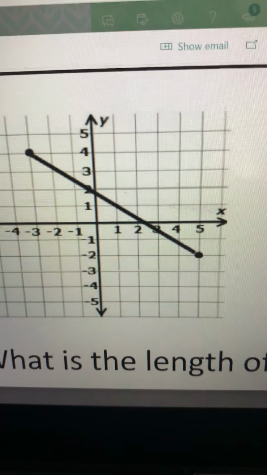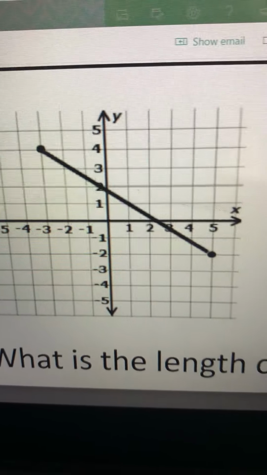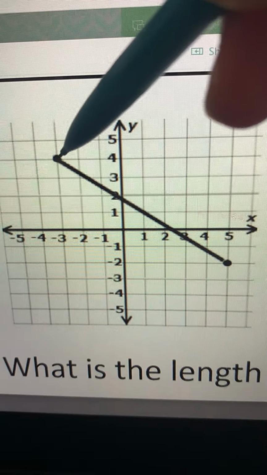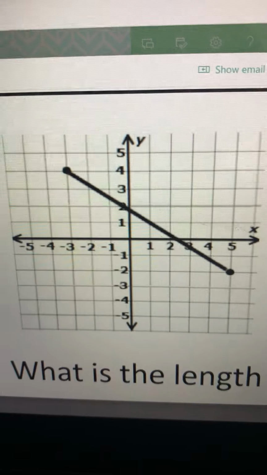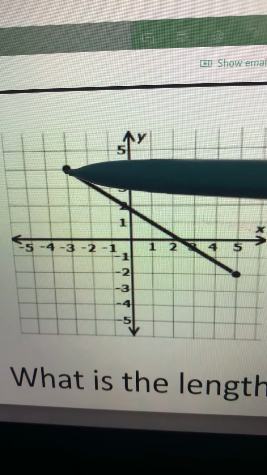And you can stack and subtract to find your leg lengths and insert those into the Pythagorean theorem to solve for c, which is going to be your diagonal, which is your line segment here. Or when you're given a graph, you can just count your leg lengths.